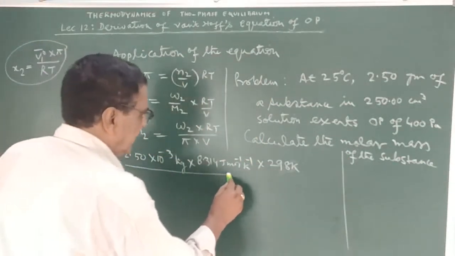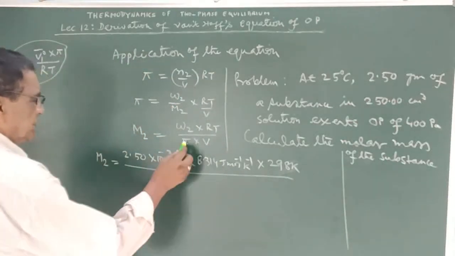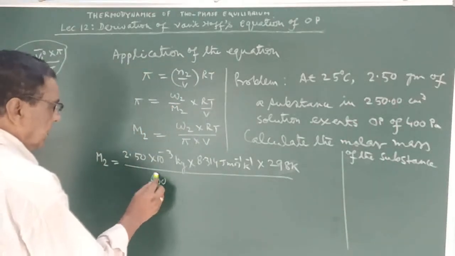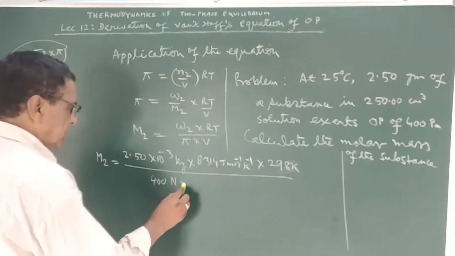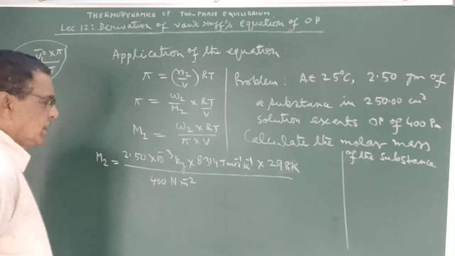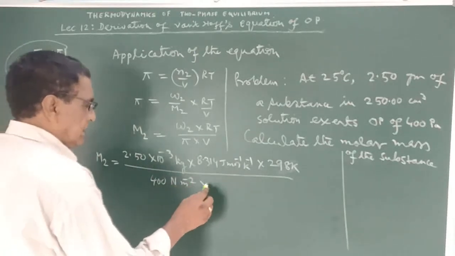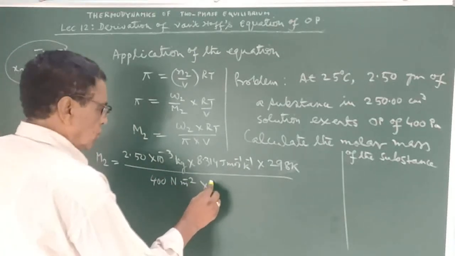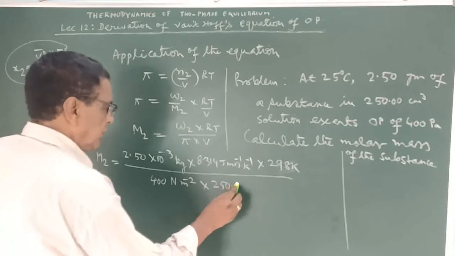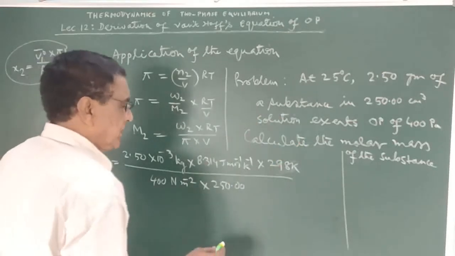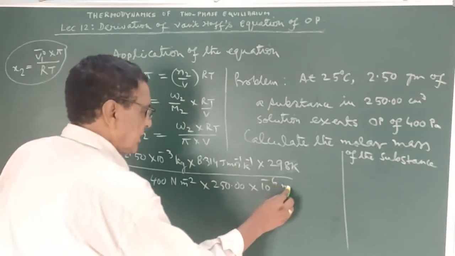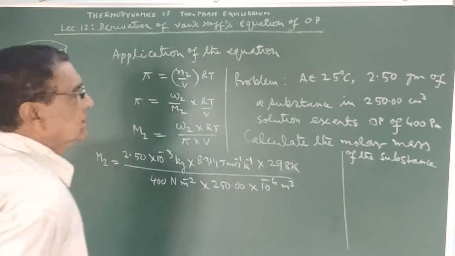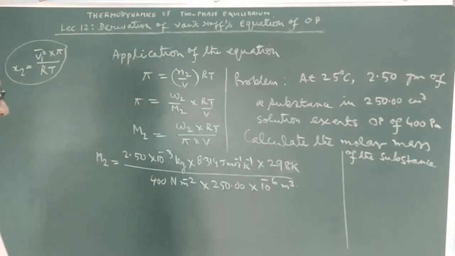And in the denominator, the osmotic pressure is 400 Pascal, meaning Newton meter inverse 2, and the volume is 250.00 centimeter cube, meaning 10 to the power minus 6 meter cube.